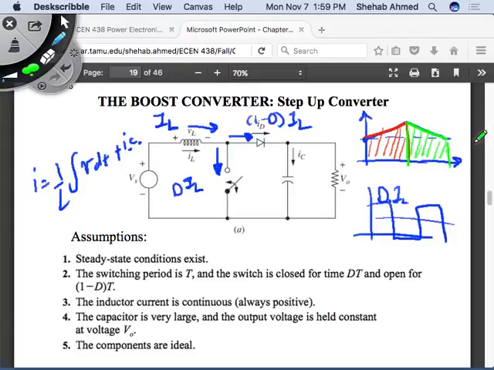So if I ask you to draw switch current, it will only be this red portion with 0, and then another red portion like it, and 0. And if I ask you to draw diode current, it's this green waveform. This has an average value. That's the average value of inductor current.